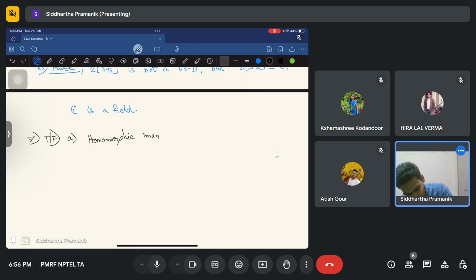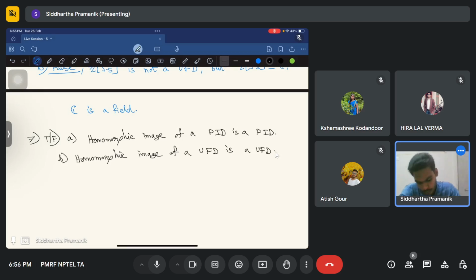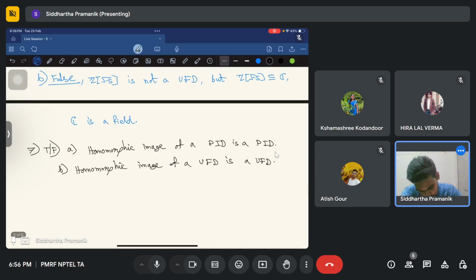The homomorphic image of a PID is a PID, and the homomorphic image of a UFD is a UFD. What do you think about these statements?